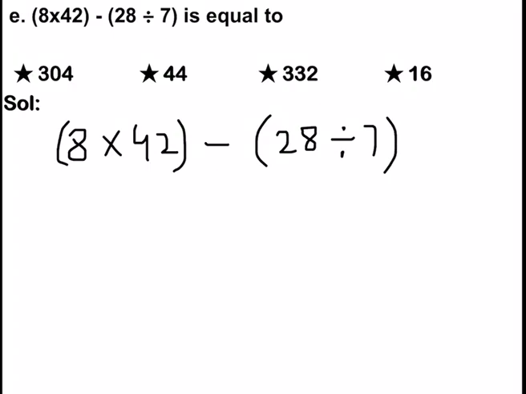Student, first we will solve the bracket. In the first bracket there is multiplication, that is 42 multiplied by 8. 8 2s are 16, 1 carry. 8 4s are 32. 32 plus 1, 33.